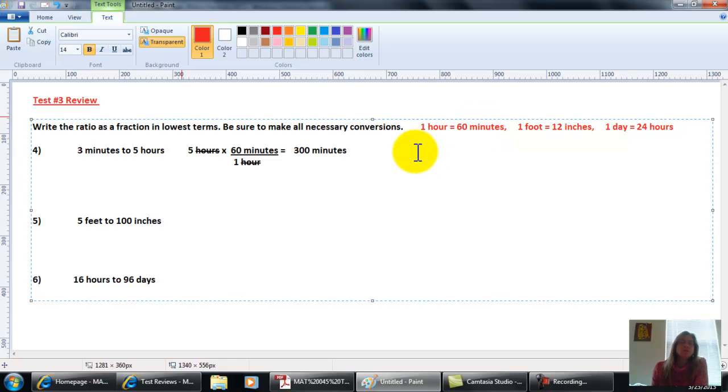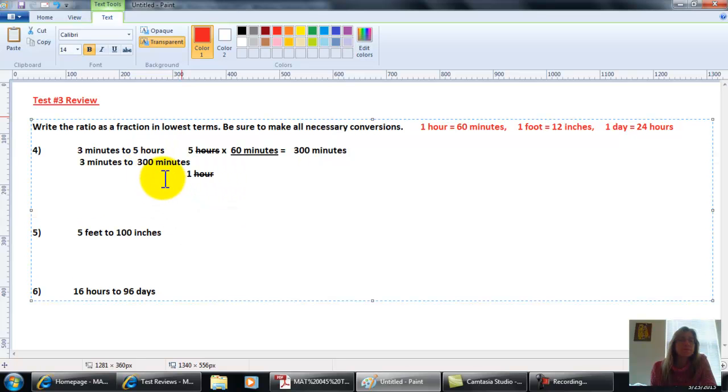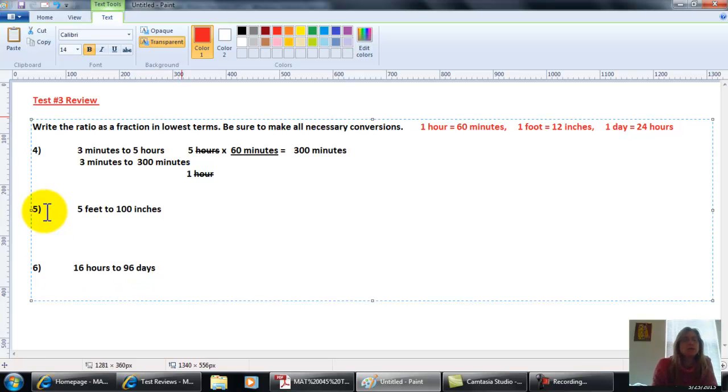So now you have 300 minutes. So then you take this number and it's going to replace the hours. So you now have a ratio that's 3 minutes to 300 minutes, because you converted your 5 hours to minutes.